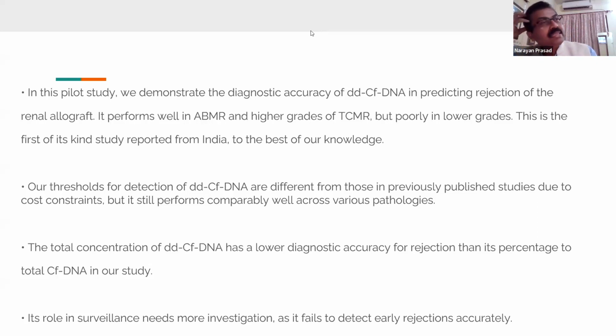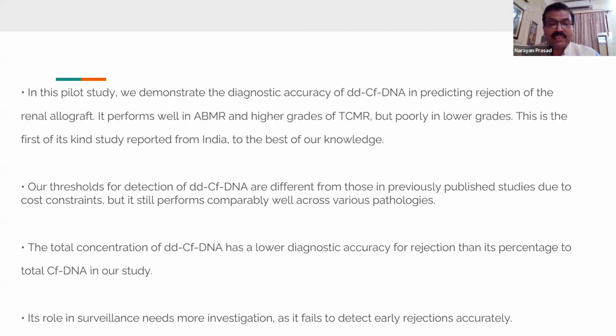One of the studies has shown that as you decrease the CNI level, the cell-free DNA was going up, and subsequently some of the patients developed unstable graft or early graft dysfunction. So the impact of CNI on cell-free DNA always remains a concern. There are multiple confounders.